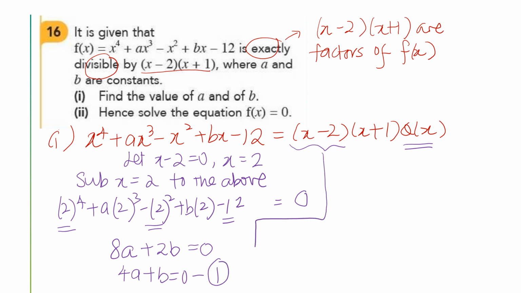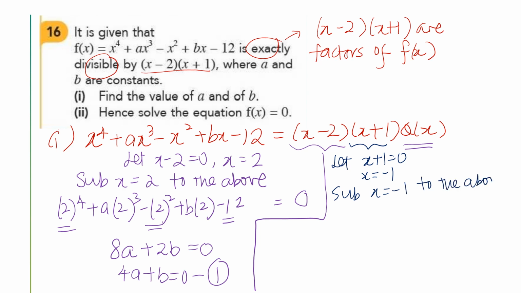Okay, so we're going to form another equation. In this case here, we're going to look at the second linear factor. We let the second linear factor equal 0, so x will be negative 1. So we're going to substitute x equals negative 1 into the above, so that we can generate another equation involving a and b.